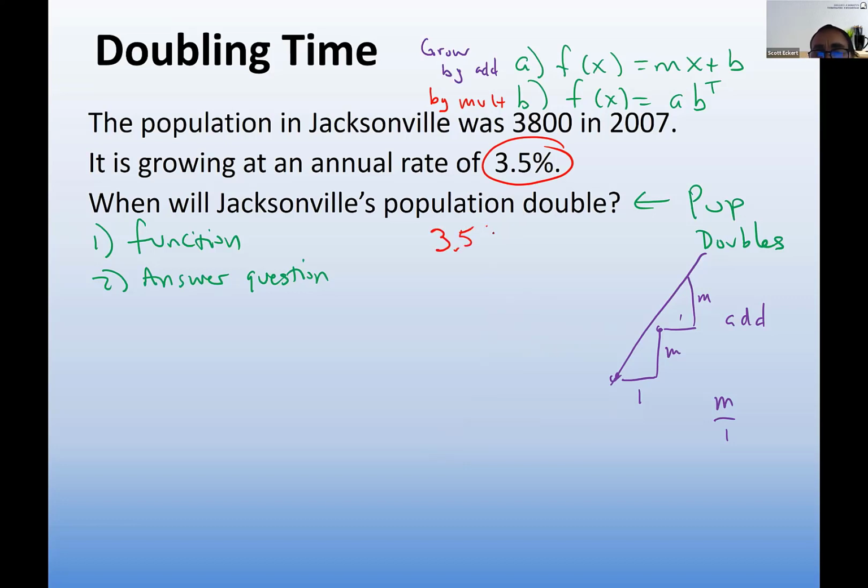Fractions? Yes, but you have to take 3.5% of the population. And when you take 3.5% of the population, "of" means multiply.